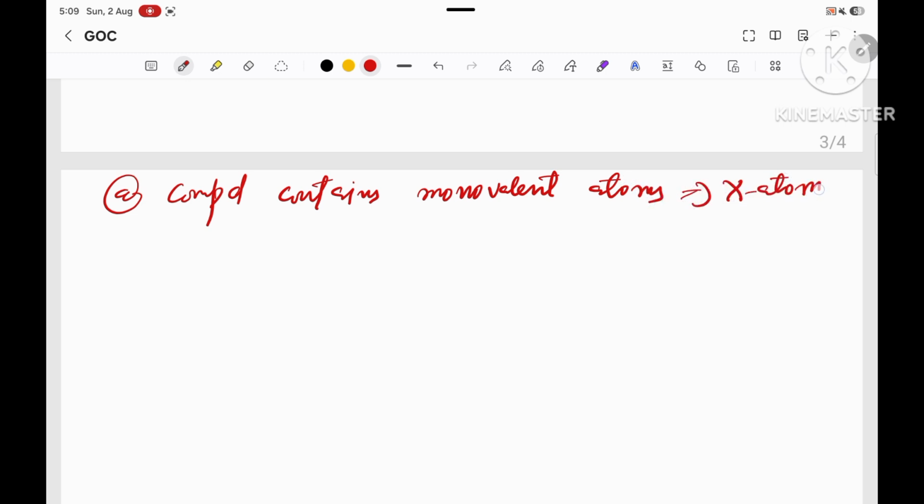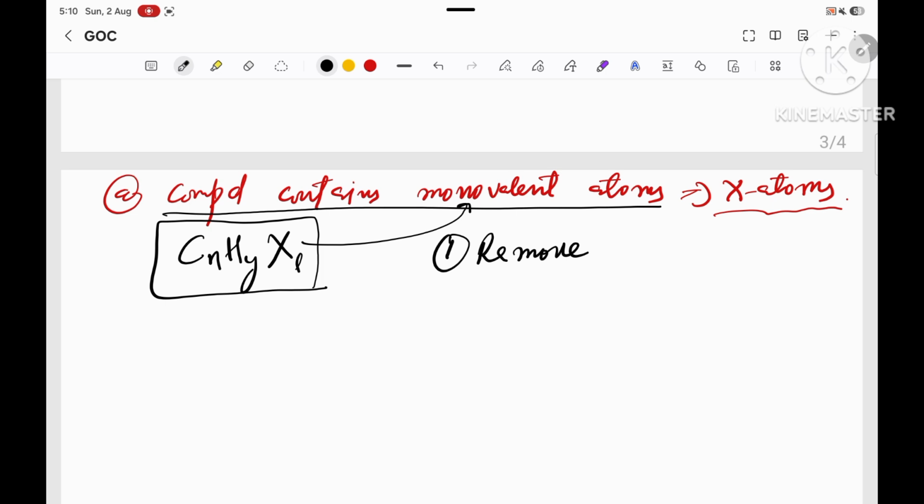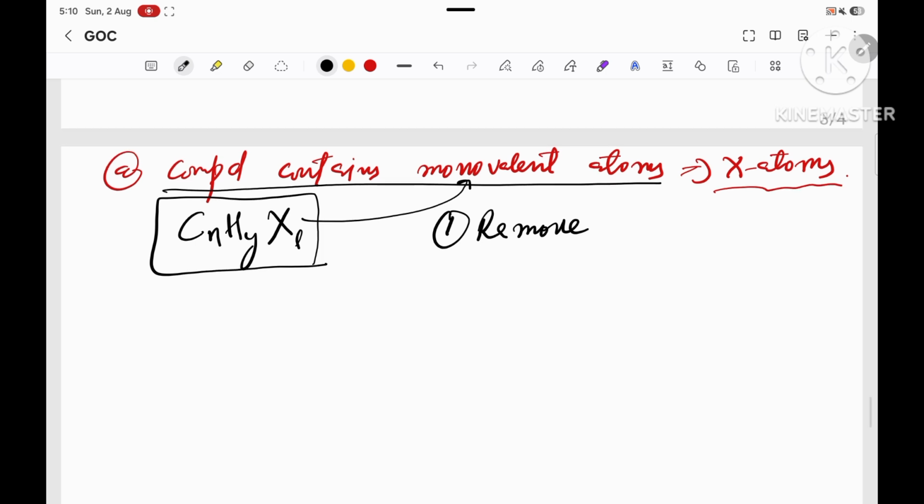We will denote it by X, like this, C, N, H, Y, and X, we will denote it here L. These are the monovalent atoms. Firstly, we have to remember the steps in it.